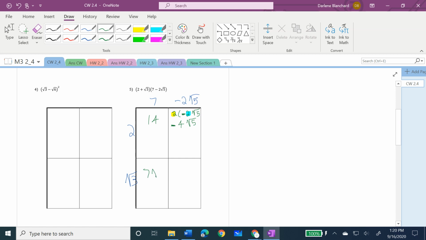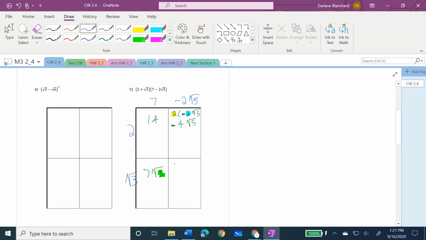I cannot bring together a number outside the square root with a number under a square root and actually multiply them. And there's nothing I can pull outside the square root, so I'm highlighting in green. I've got a 3, and 3 is not divisible by any perfect square number that I can get to come out of the root.